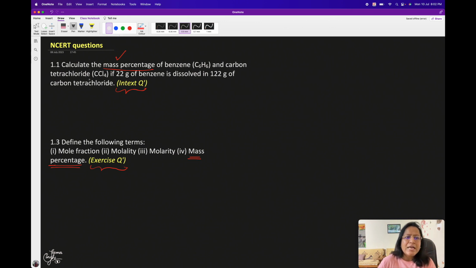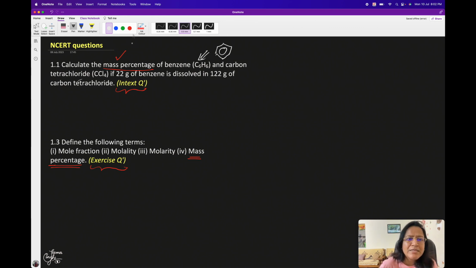It says calculate the mass percentage of benzene. Now this is the molecular formula of benzene, and this is how we draw the structure also. We're going to do that in organic. And carbon tetrachloride, CCl4. If 22 gram of benzene is dissolved in 122 gram of carbon tetrachloride. So first of all, let's locate which is the solvent and which is the solute.